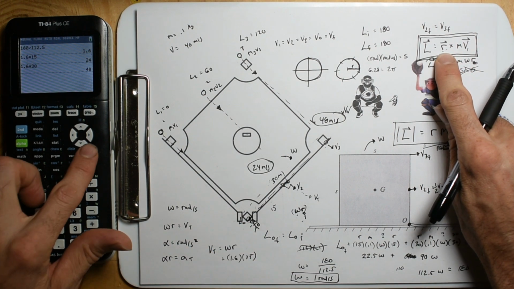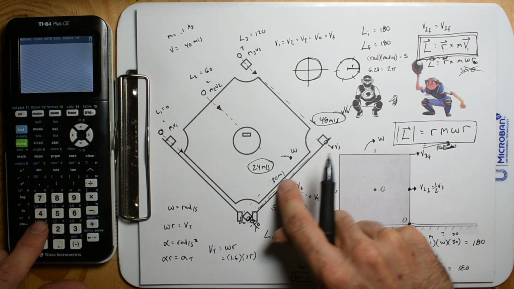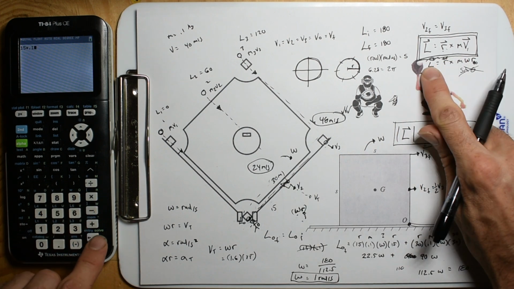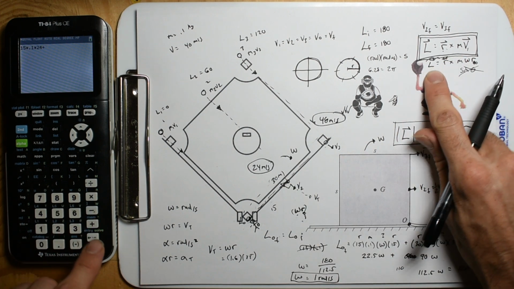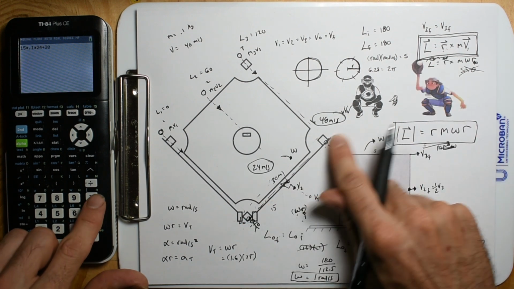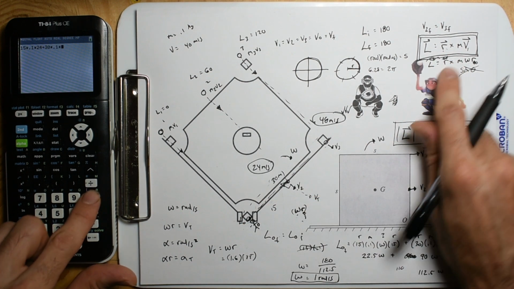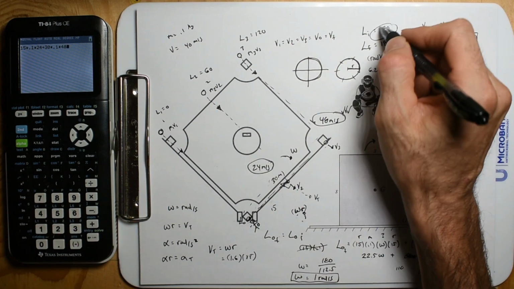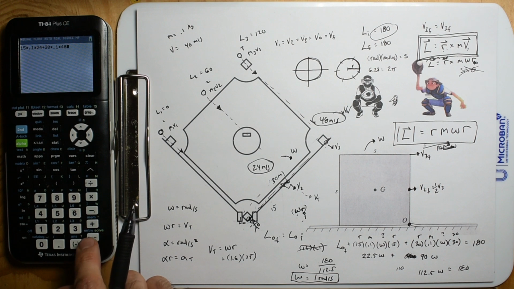We're going to have 15 times 0.1, the mass, times 24, plus a distance of 30 times the mass, 0.1, times 48. And it should equal 180. Hopefully I did something wrong and we find some errors, but hell no, we did it right.